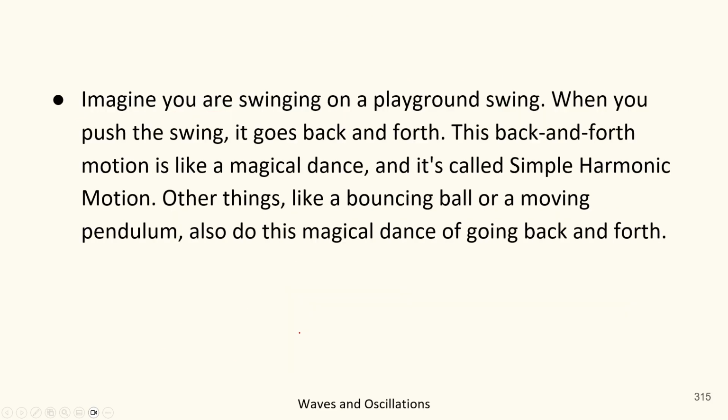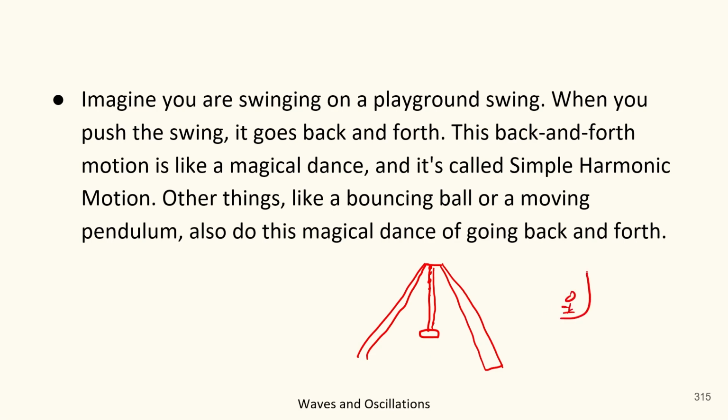Okay, let's take another example. Imagine you are on a swing on a playground. You must have seen this type of swing in the playground, where the person sits in the middle of the swing and then can move forward and backward.